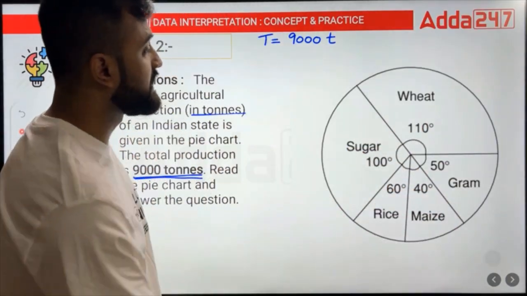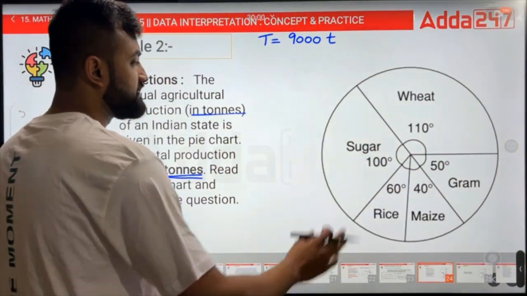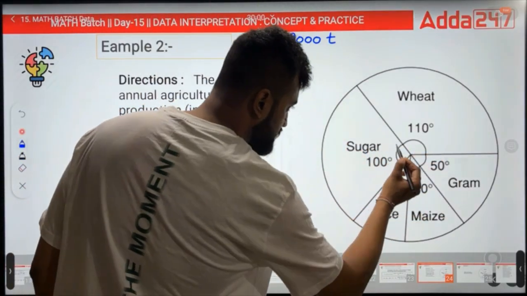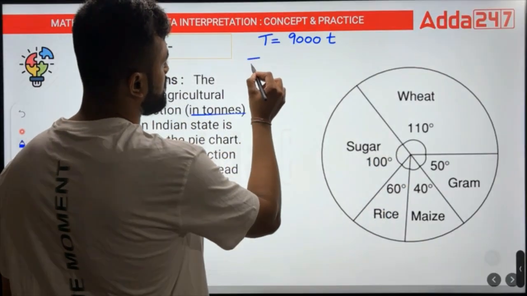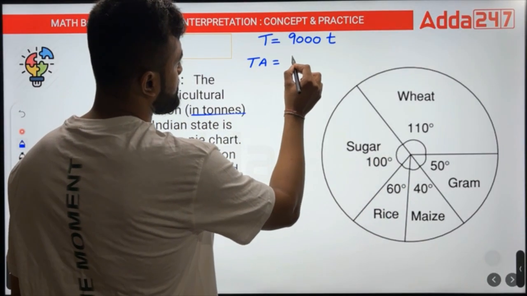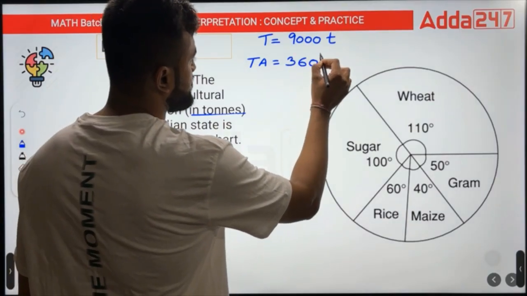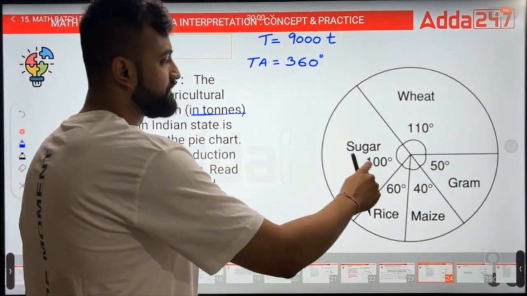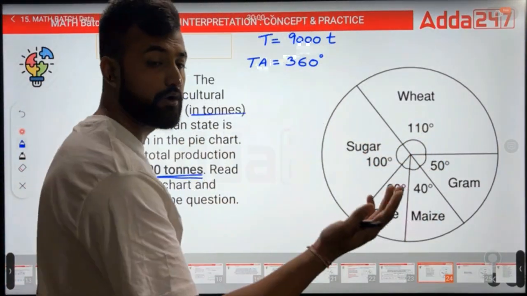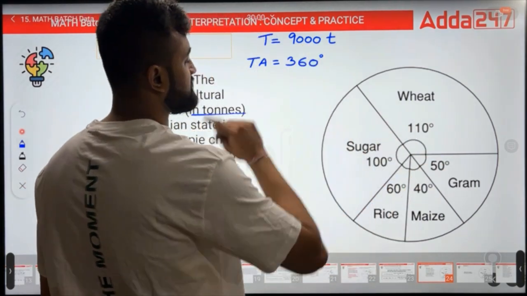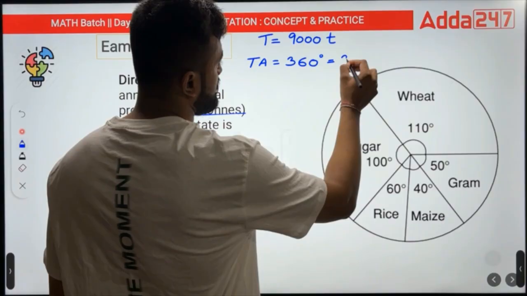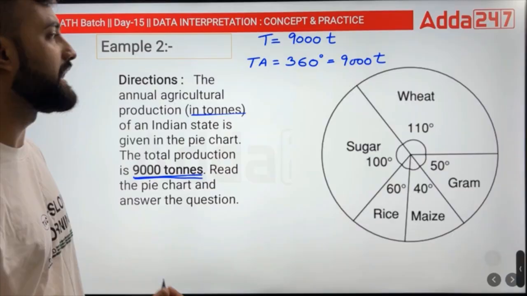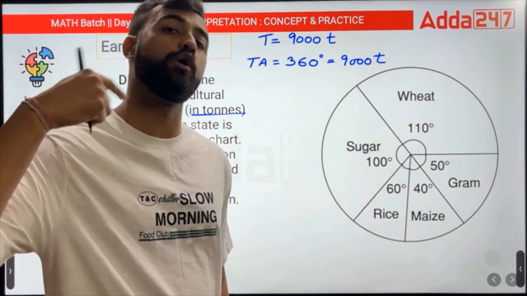We know in a circle, if I take one whole circle, the total angle formed is always 360 degrees. So this total angle measures 9,000 tons. Let's find out 1 degree is equal to how much ton.